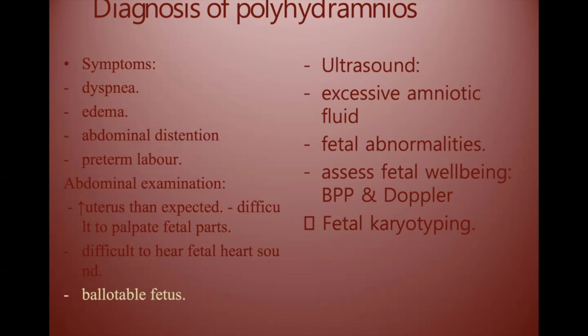When we palpate the uterus, we will have a palpable fetus, and it will be difficult to hear the fetal heart sound. During ultrasound examination, we will see excessive amniotic fluid. We may have fetal abnormalities. Assess fetal well-being, its biophysical profile and Doppler, and fetal karyotyping.